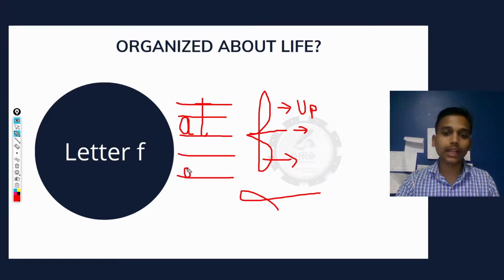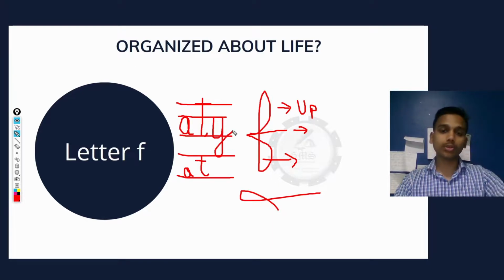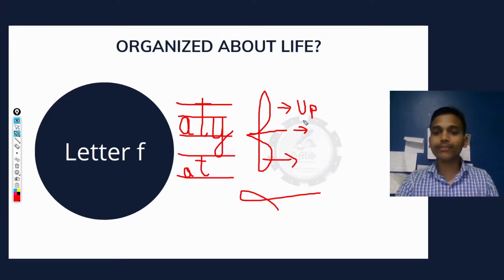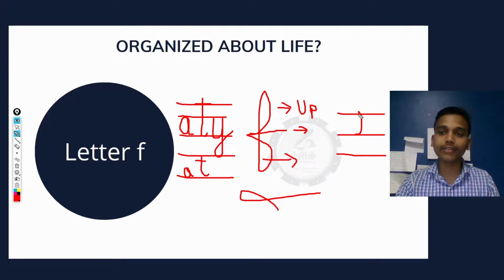So A goes like here and T goes upwards, right? T goes above the middle line, so it falls under the upper zone, A falls under the middle zone, and this one is the lower zone. Yet for letter F, the interesting fact is that it falls under all zones. Whenever you write letter F, it goes like this, right? It goes below.